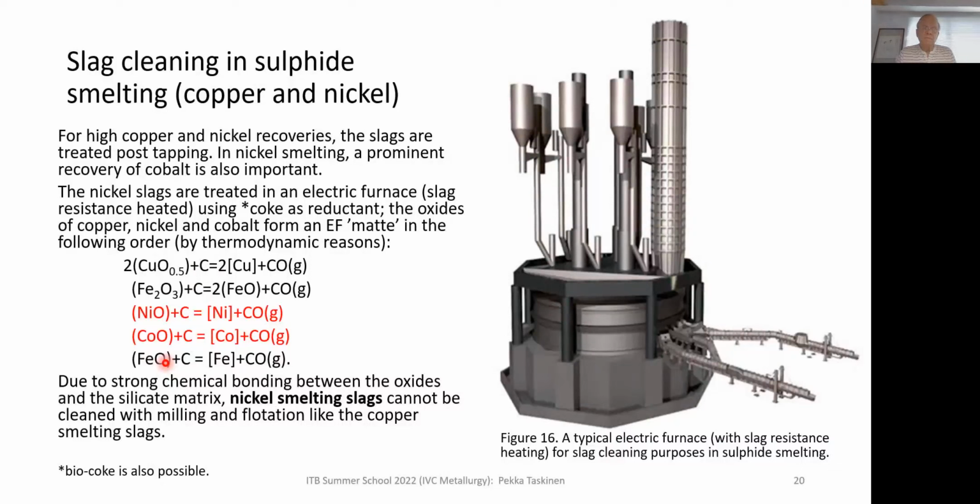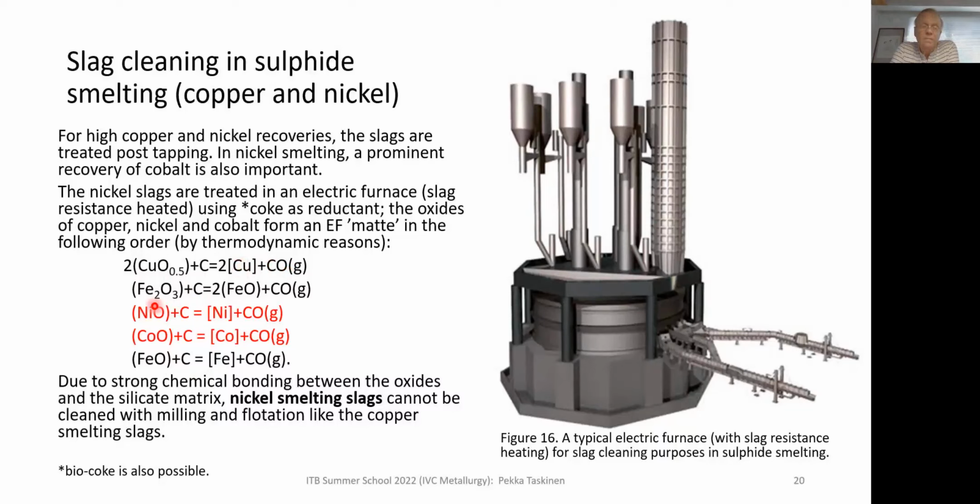So we are reducing first iron 3 to iron 2, so ferric to ferrous. Once ferric oxide is low enough, copper oxide starts to reduce and form metal.